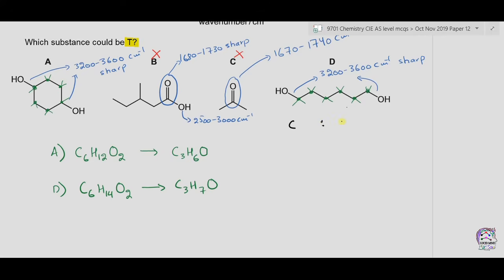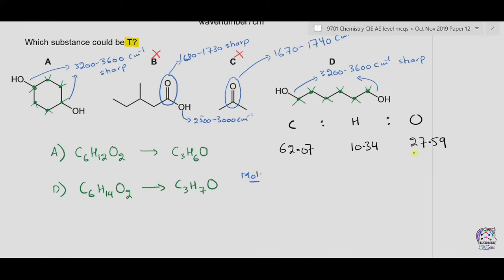Now let's find out the empirical formula from the values given in the question. We have carbon, hydrogen and oxygen. Carbon is 62.07%, hydrogen is 10.34%, and oxygen is 27.59% present. In the first step, we have to find the number of moles, as mole is equal to mass in grams divided by molecular mass.